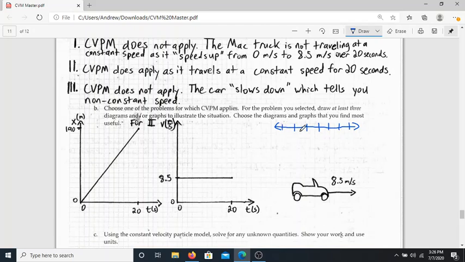So what you could do is basically you could draw, if you want, you could draw 20 dots. You could just draw a couple dots and have the distance between the dots be 8.5 meters. It's really up to you, but basically we know it's a constant velocity, so it would have to look something like this.